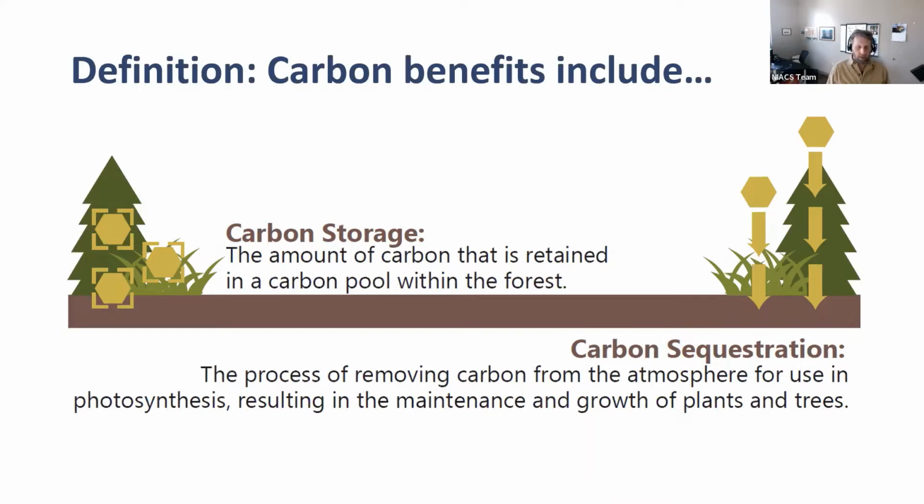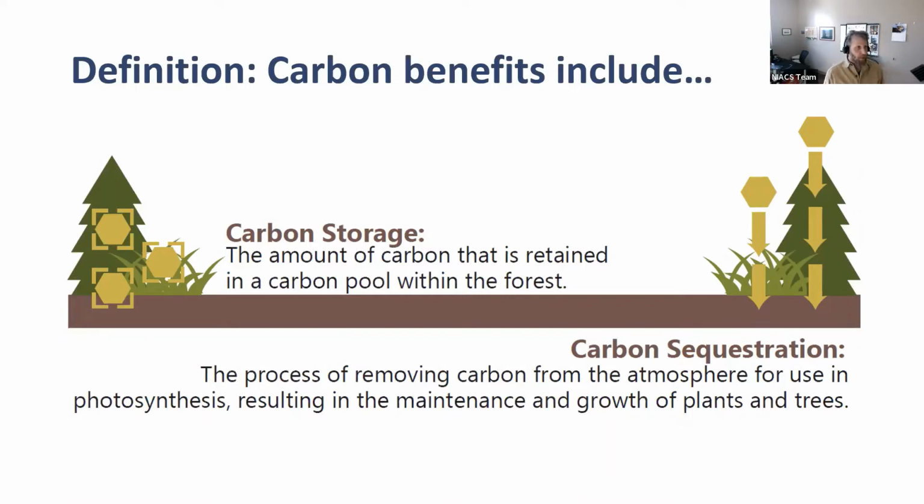It's a density. Carbon sequestration is a flux. It's a process, right? It's the removing of carbon from the atmosphere through the process of photosynthesis, and as such, it's a rate. It's the amount of carbon the system gains on a temporal basis. So maybe tons per acre per year.